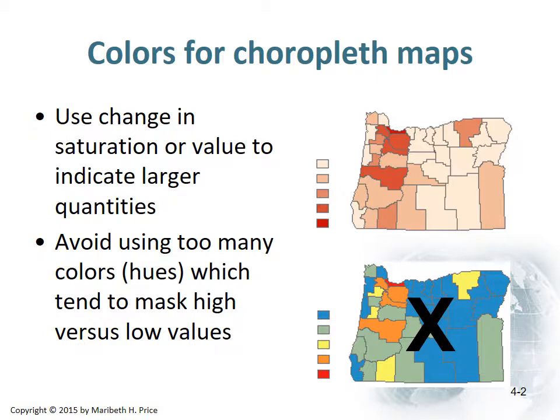If it's most other quantitative variables, you really don't have that foundation to use, and you're stuck with using a single color ramp, which is great because that's what you're supposed to do anyway. That's the best approach.